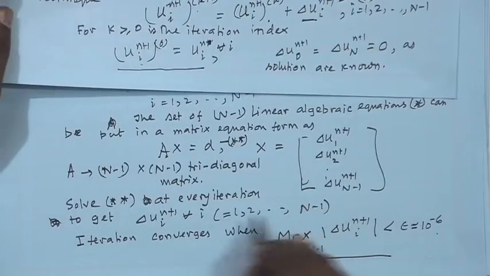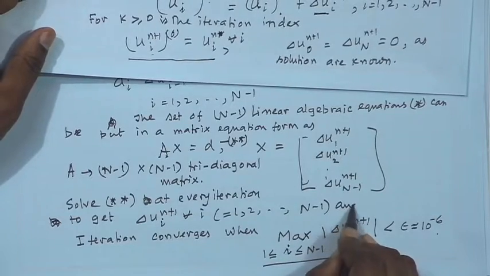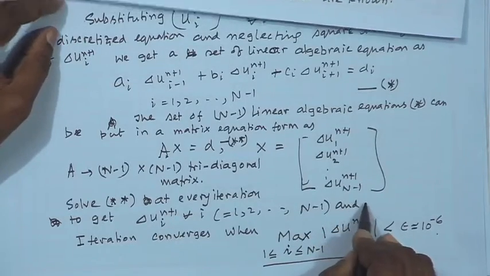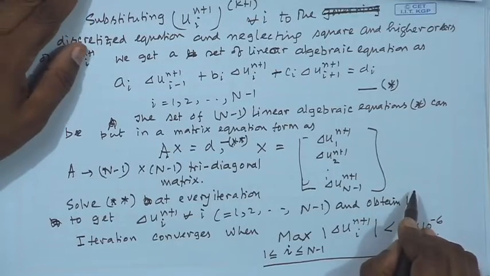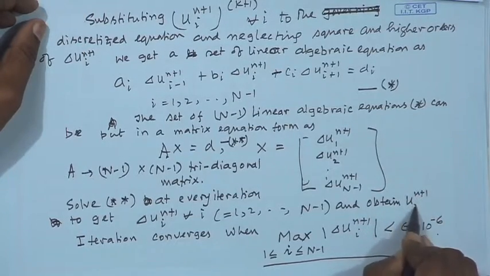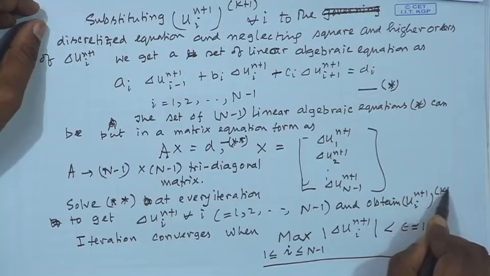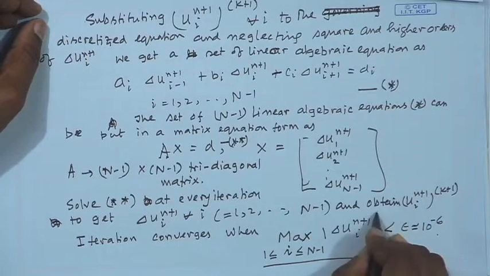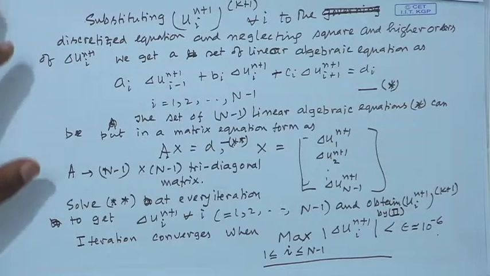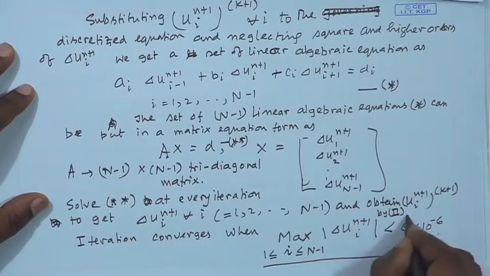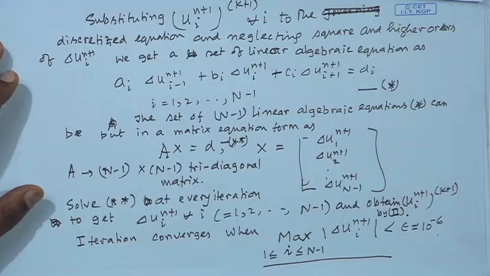So, substitute and obtain u n plus 1 at k plus 1 by 2 by using the relation or equation 2. Okay. So, this process is repeated several number of times.